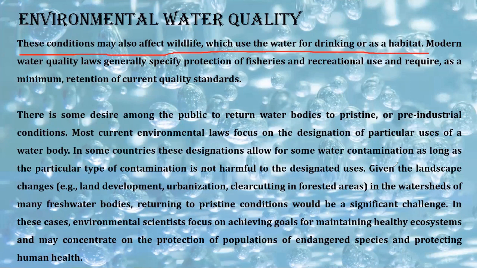But how will the animals know? The animals may not sense which water is good or bad. It may happen that they drink the water, but after a certain time they fall ill and they die. Why? Because the water may be toxic, the water may be poisonous, right? So the bad quality of water may also affect wildlife to a large extent.